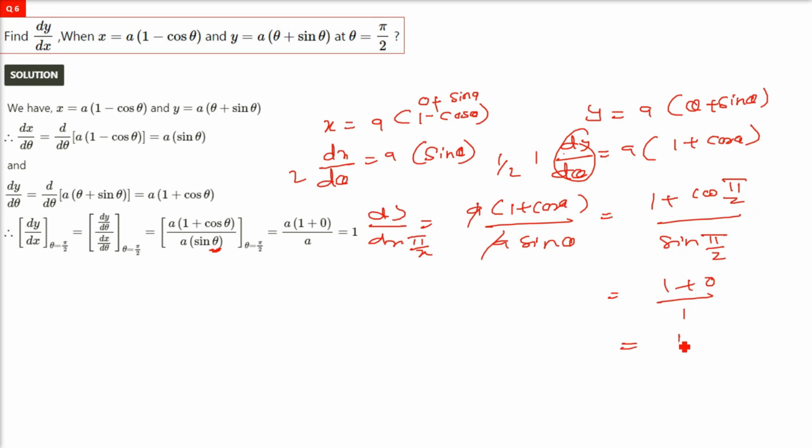So you will get 1. Okay. Just to recall what you have learned in trigonometry, cos 0 is 1, cos pi by 2 is 0. Similarly, for sine it's complementary: sine 0 is 0, sine pi by 2 is 1.